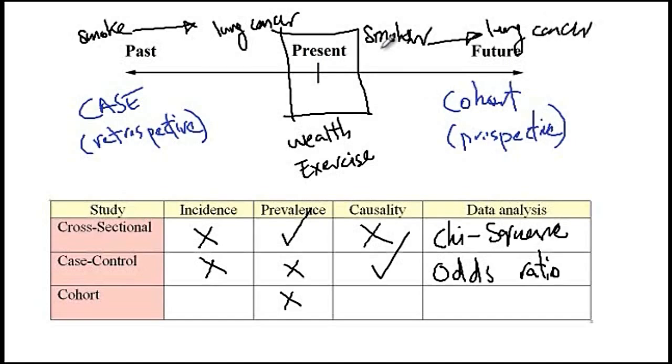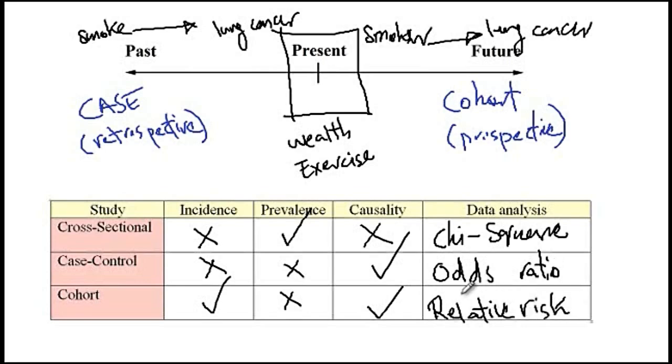Since we are following these patients over time, we are able to establish incidence. For instance, we can tell what percentage of smokers develop lung cancer after 1 year. And since we are following over a period of time, we are also able to establish causality. The type of data analysis that we would use for cohort study is relative risk.